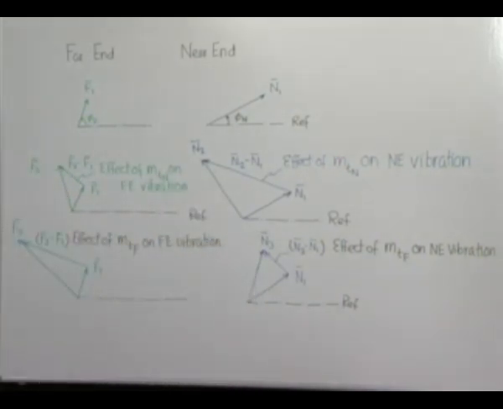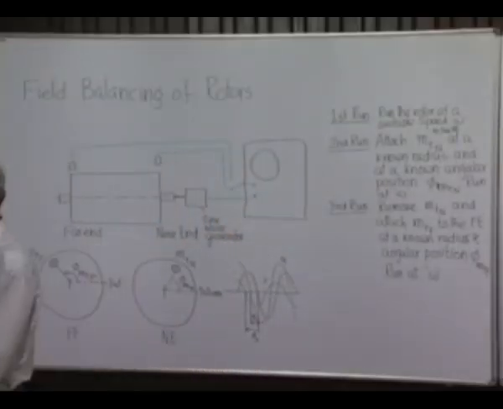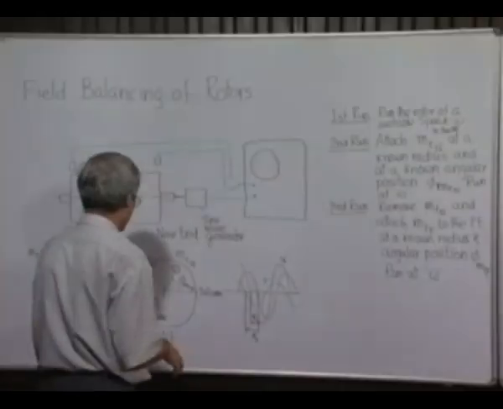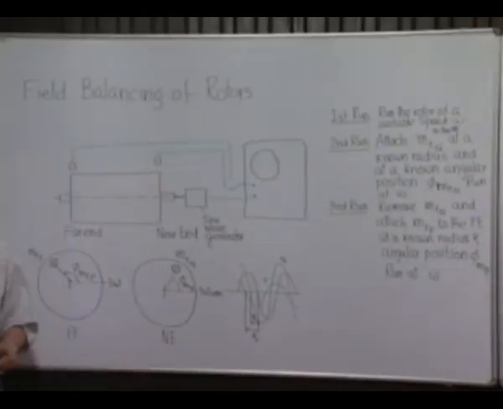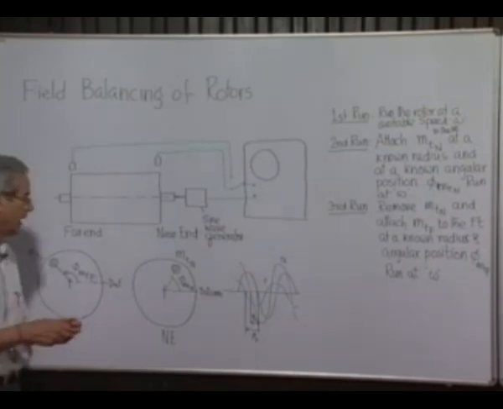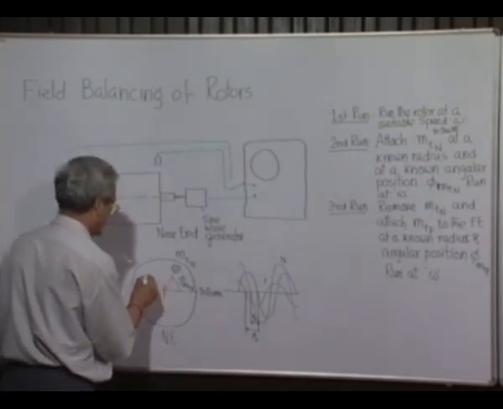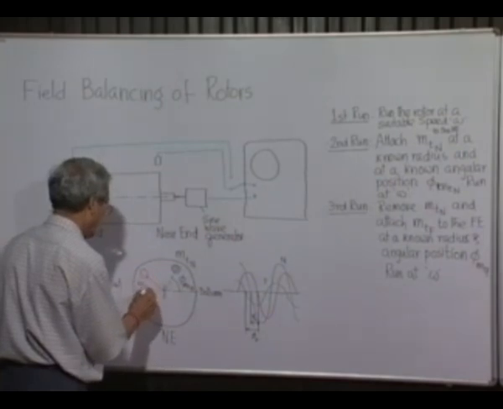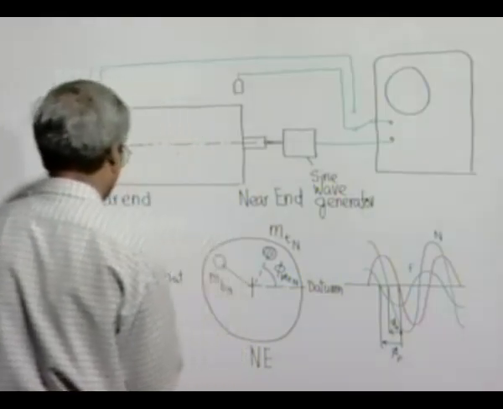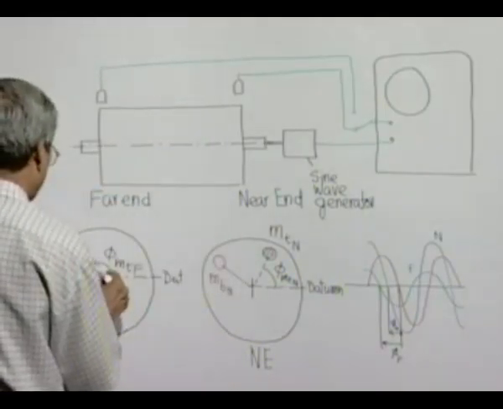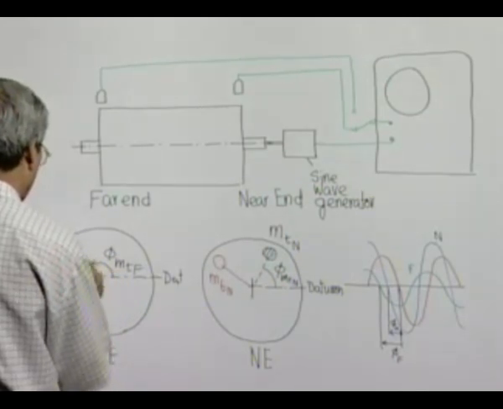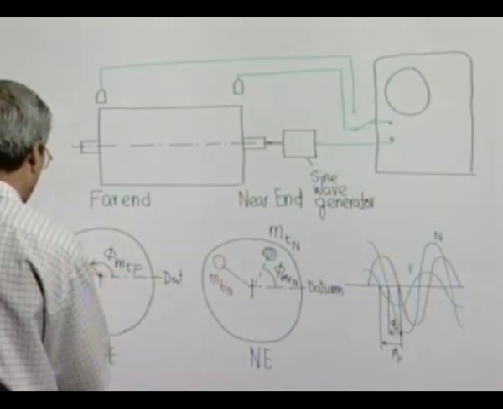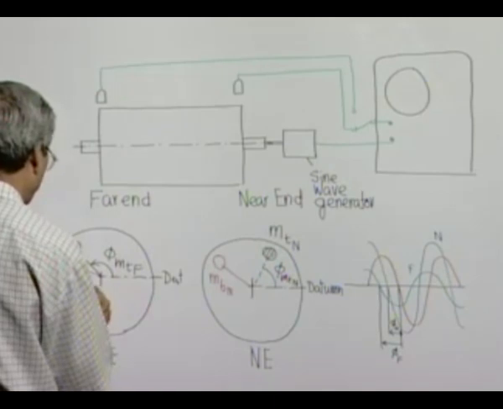Okay. So, now let us see what we can do after this. What we have to do ultimately, we have to place balancing masses like say MBN and MBF.